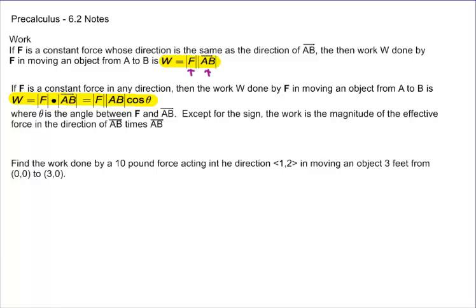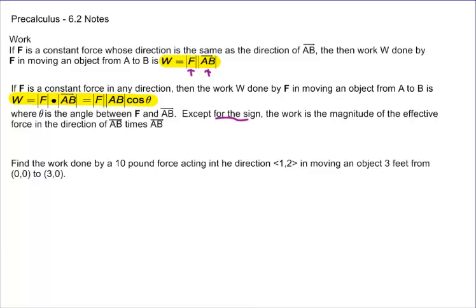For a constant force in any direction, the work done by the force moving the object from A to B is the force dotted with the direction, which is the same thing as the magnitude of the force times the magnitude of the direction times the cosine of the angle, where theta is the angle between them. Except for the sign, the work is the magnitude of the effective force in the direction of AB times AB. It looks really weird, but the process is not that bad.